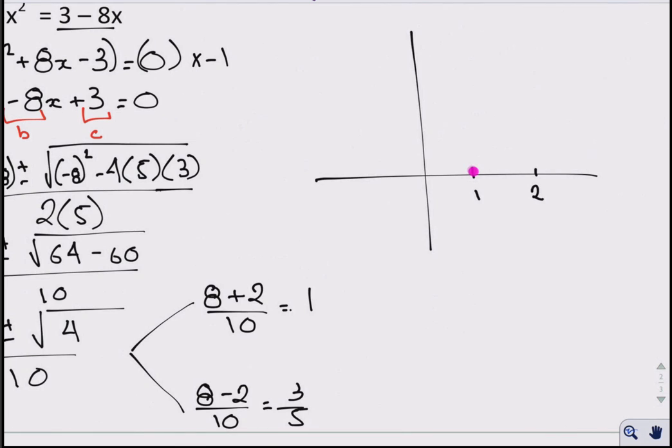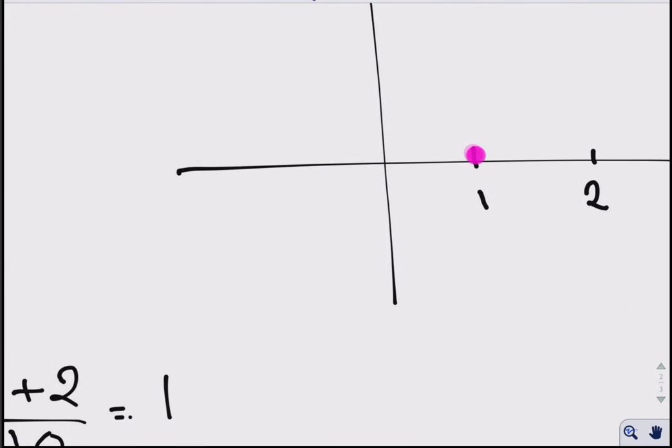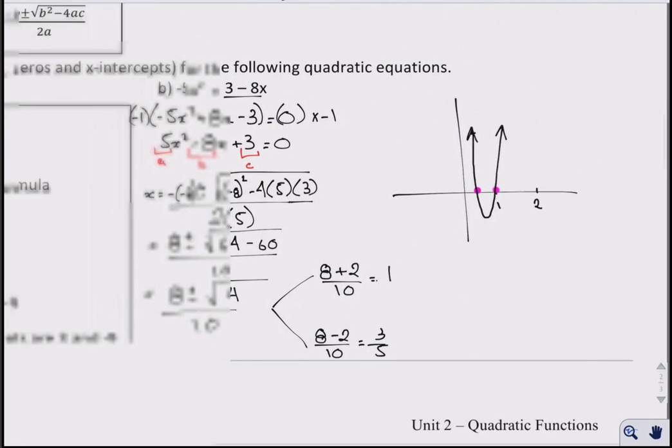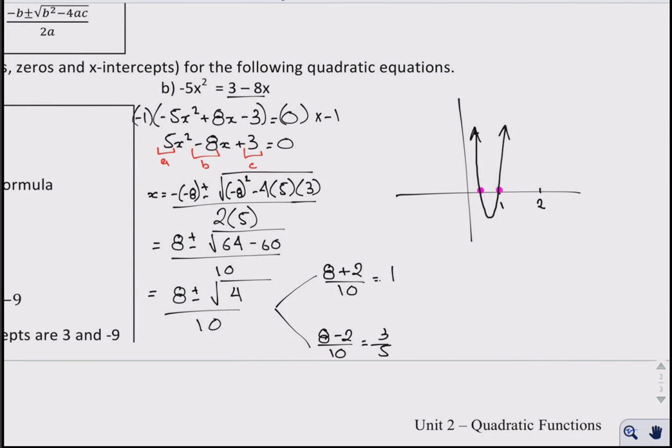And sorry, 3 over 5 is 0.6. And then I have a root over here. So my parabola is going to look something like this. Something like that. Okay, it's not exact. All I know is that it's going through those two roots.